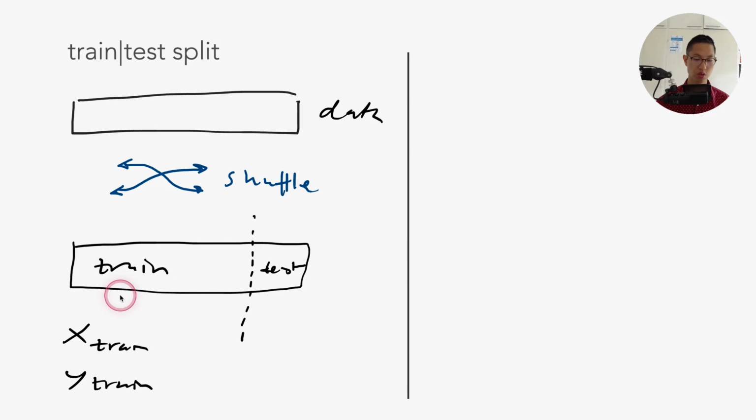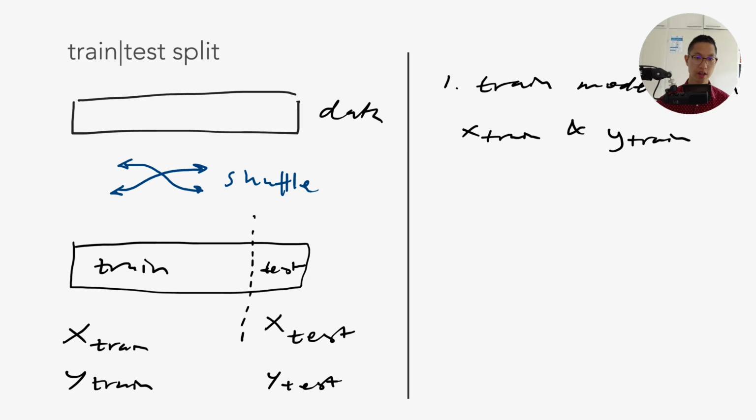From the training data, you have X train, where X is the matrix of the different features, and y train is the label. For testing, you have X test and y test. This data you don't touch until the end because you use it for evaluation. You train the model with X train and y train, and then you predict on your X test.